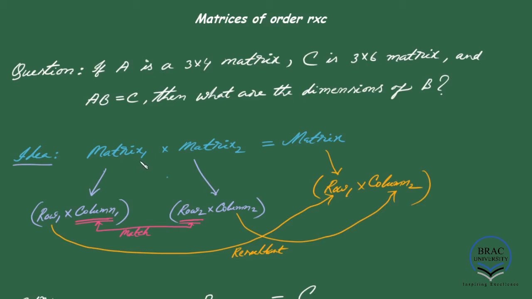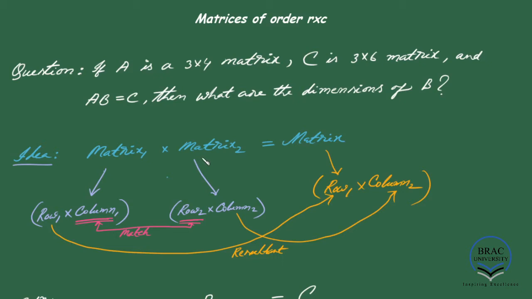The idea is that if we have matrix 1, the first matrix, and matrix 2, the second matrix, and the resultant matrix, then the dimension of the first matrix is row by column, the row and column of the first matrix, and this is the row and column of the second matrix.